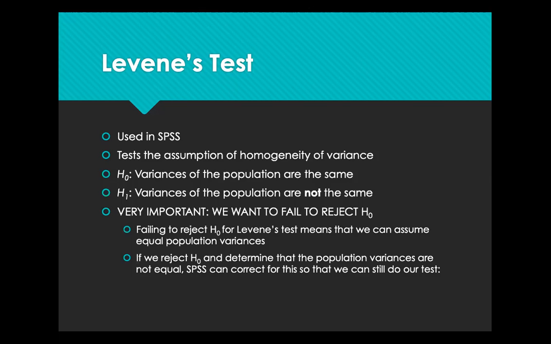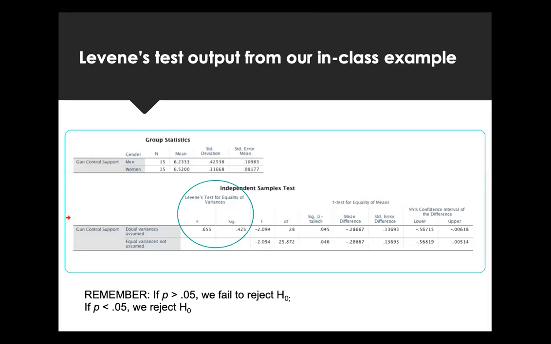And again, that's what we're looking for: homogeneity of variance. If we reject the null hypothesis and determine that the population variances are not equal, SPSS can still correct that for us, so we can still do our independent samples t-test. So it's not the end of the world, but this is definitely an assumption that you need to be aware of and need to be checking.